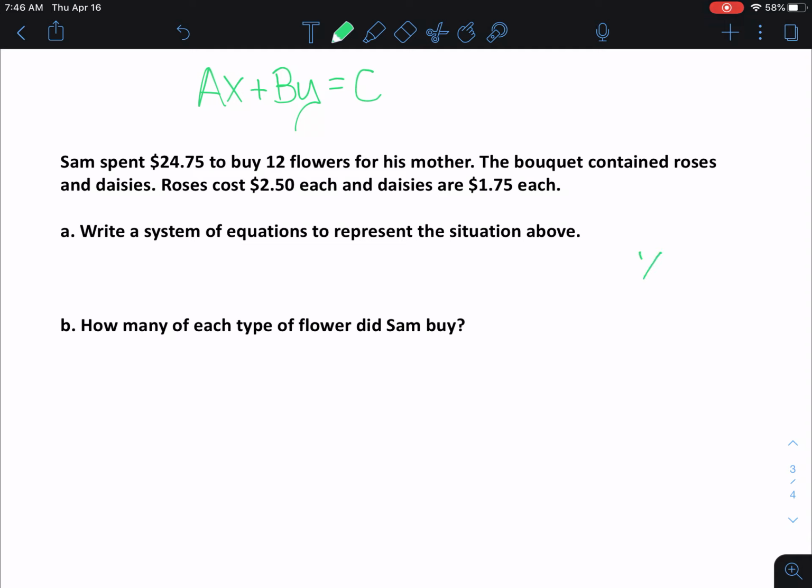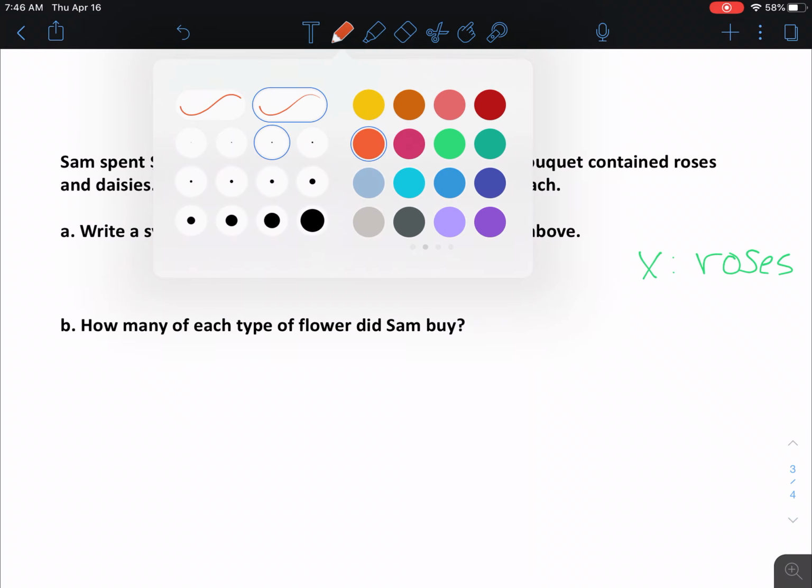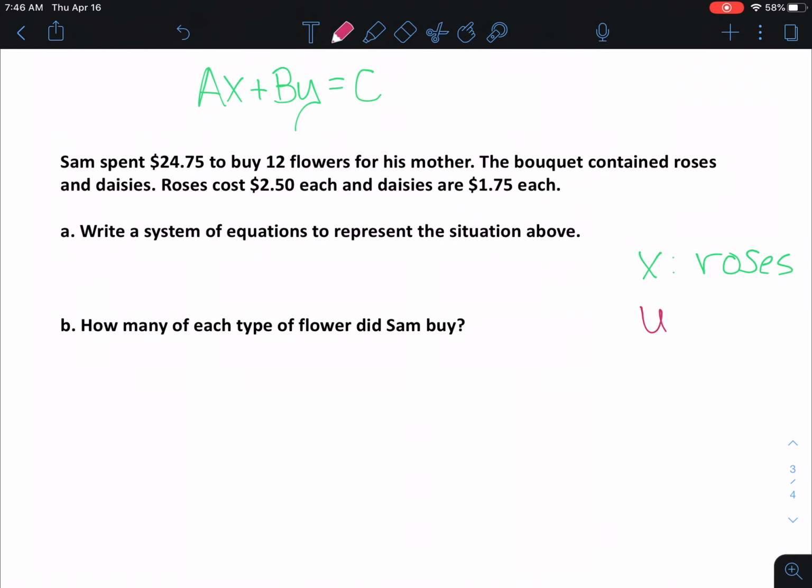You can label this however you want, but I'm going to say x is roses, and y will be daisies.